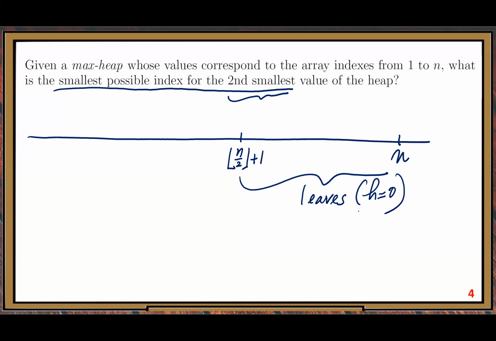But we cannot push too far to the left, otherwise it won't be the second smallest. That's the point. We just want to find the position that could be used to put the second smallest.